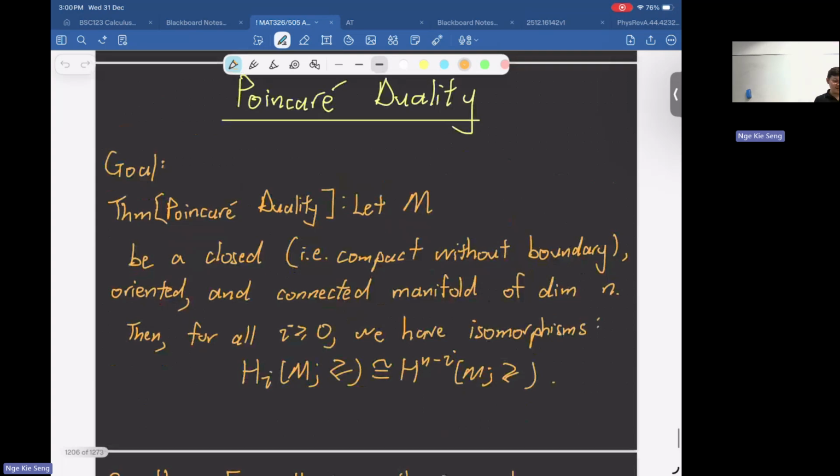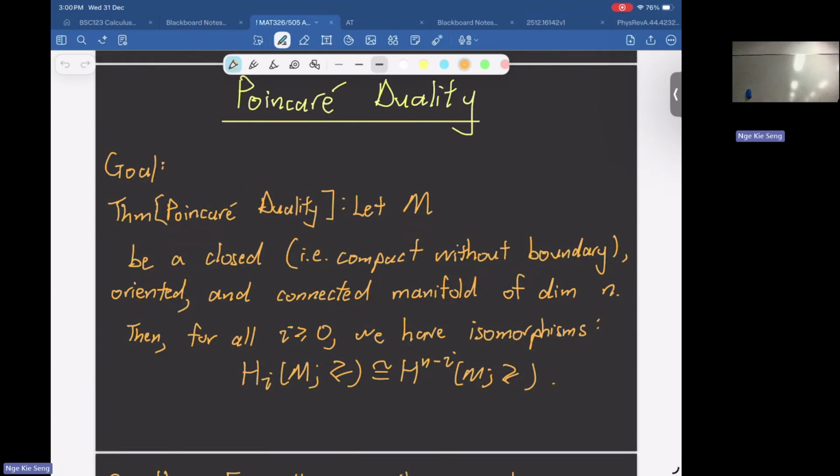So the easiest case is for compact manifold, compact, connected, closed, oriented, everything very nice of dimension n. This n is very important. This n is determining how we find this duality. So we have a duality isomorphism between homology and cohomology. It's not between i and i, instead it's between i and n minus i. So it's like palindromic.